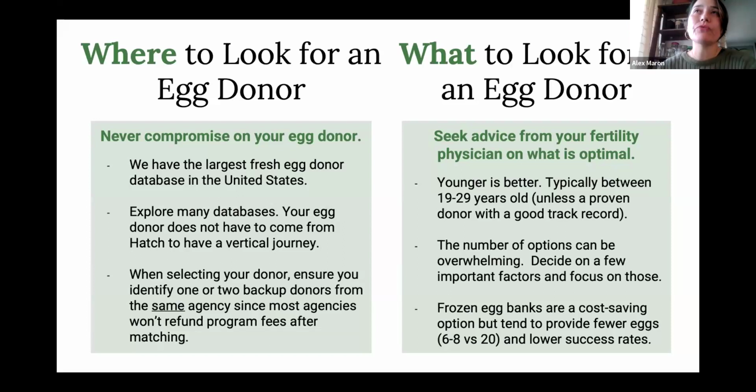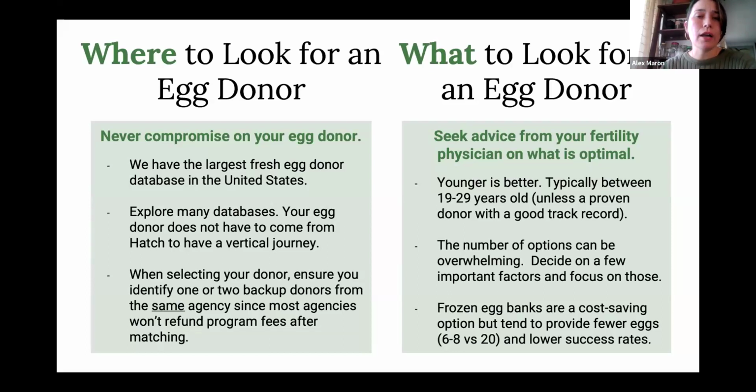Absolutely. So frozen versus fresh, I can give you pros and cons. Frozen cycles you usually go through an egg bank for. They're great if you know that you only want one child and maybe financially it's a better situation for you. It can be a really great route to go, but you do have to have realistic expectations and be prepared, right?